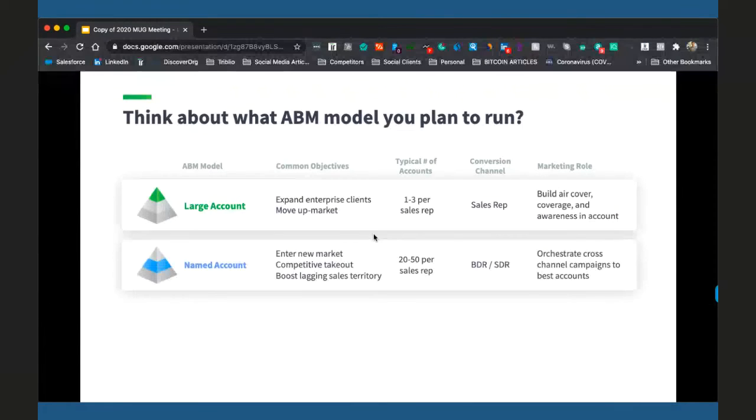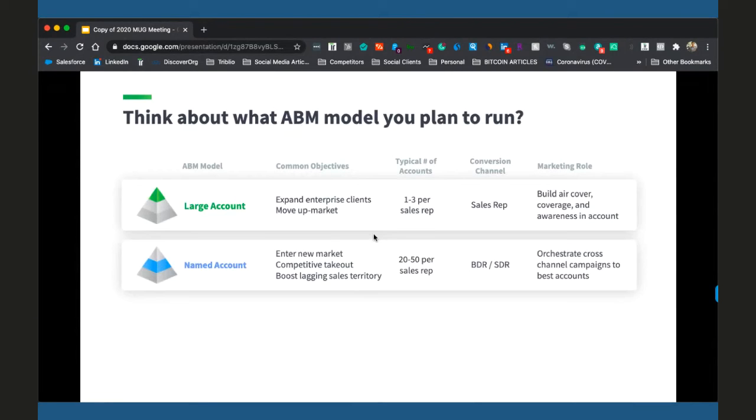You might have a BDR team of 20, and each of them may have 20 to 50 accounts. That's in the hundreds, right? Most of the characteristics of a named account model are that it's primarily focused on outbound. So how do I break into these named target accounts?